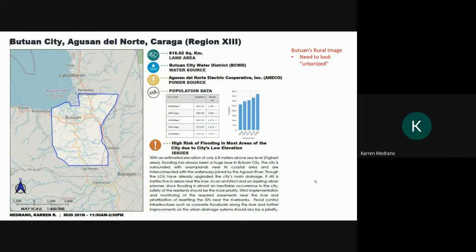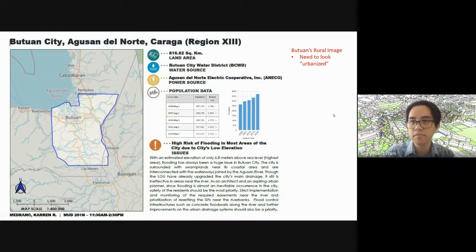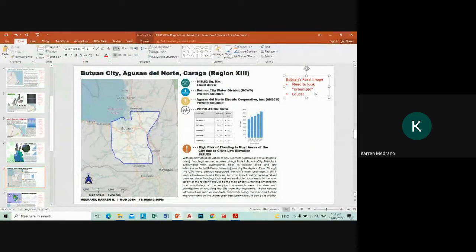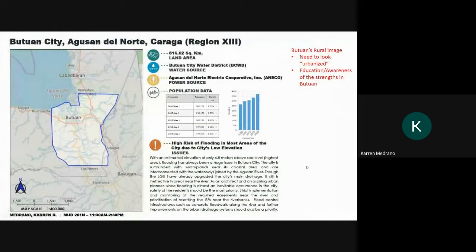Then more on educating the younger generation that a rural-looking city is not a bad thing. It also can't build high-story buildings because of its geographical location, since our lands are soft. Our buildings here are usually up to 3 stories only, and that's not a bad thing too.